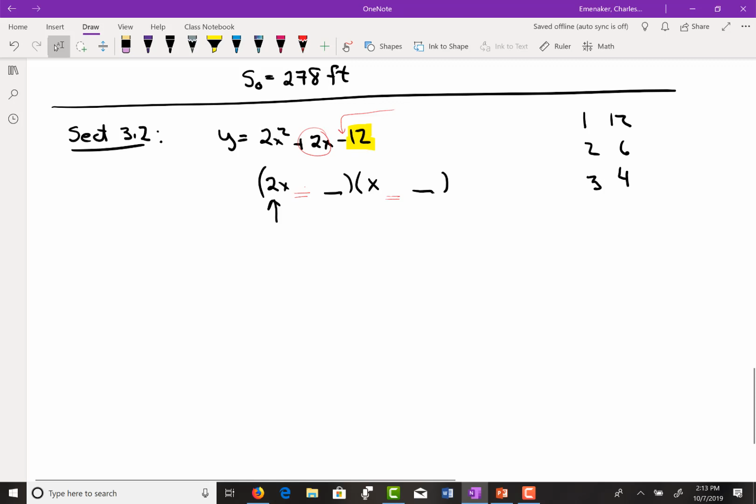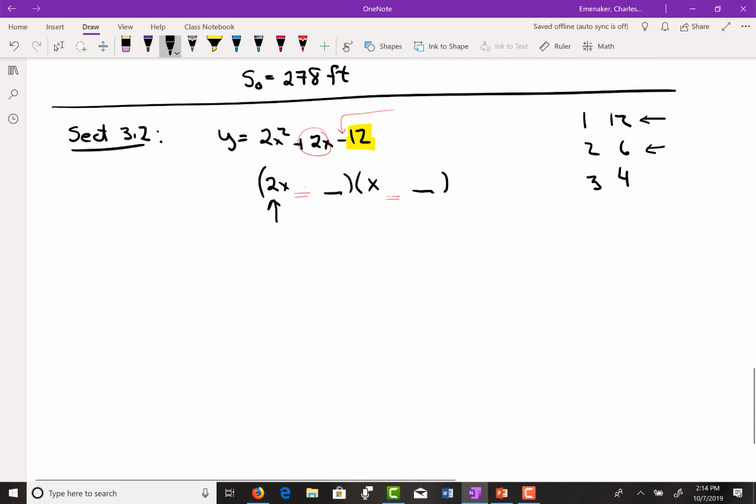Any ideas which pair of numbers, where twice one of them minus the other, is going to give us 2? Well, let's see. Twice 1 minus 12, that's not 2. Twice 2 is 4. And the 6. Is that going to give us 2? It might work, depending on how we line it up.